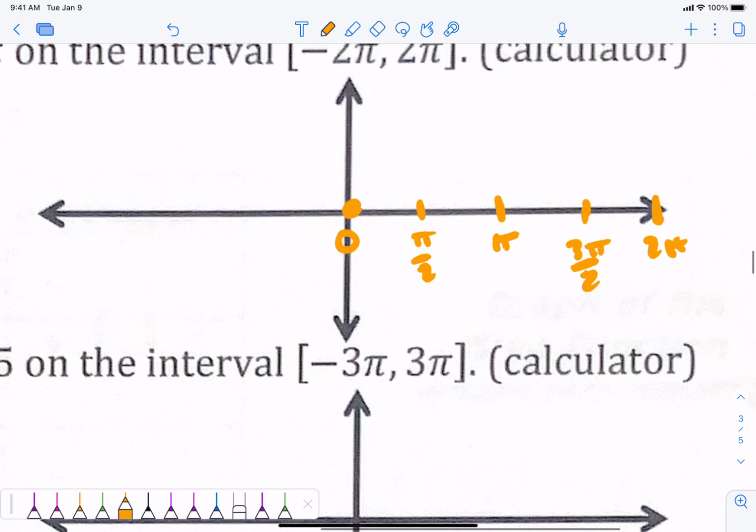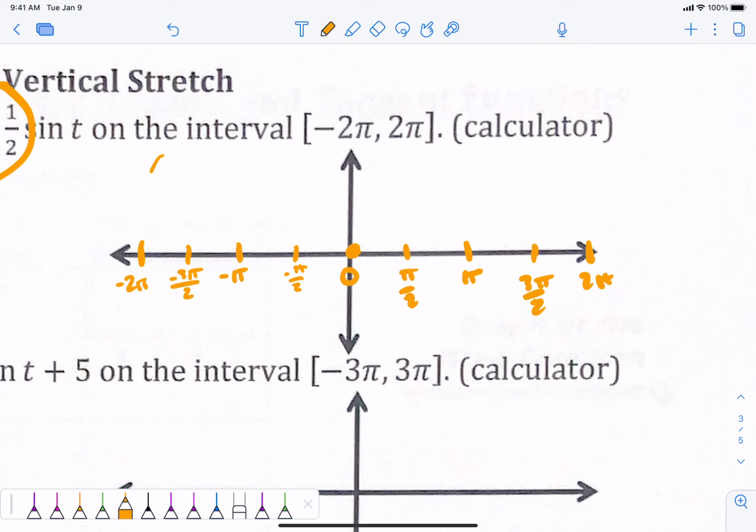And I'll go there also, those 4: -pi over 2, -pi, -3 pi over 2, and -2 pi. There's the stuff that we want to graph. We want to graph from -2 pi to +2 pi. That's the interval that we're graphing on.